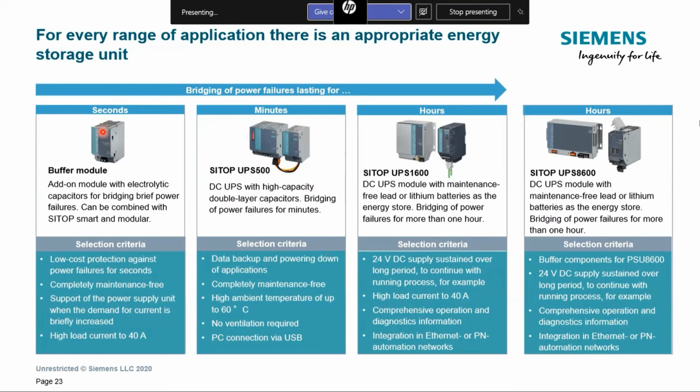We have several options actually in this area of, let's say, buffering the line supply. Starting from the buffer module, the buffer module is actually not an actual UPS. It does provide buffering up to seconds, which is usually used to overcome any problems with the grid connectivity.